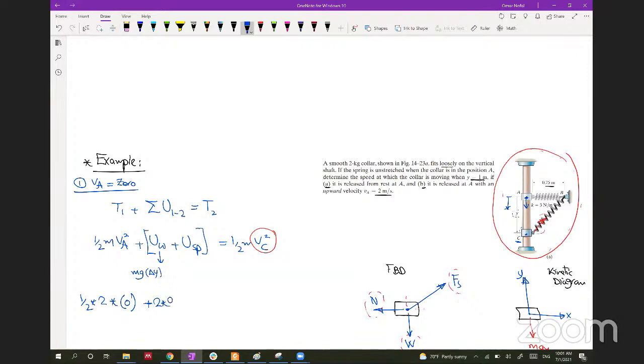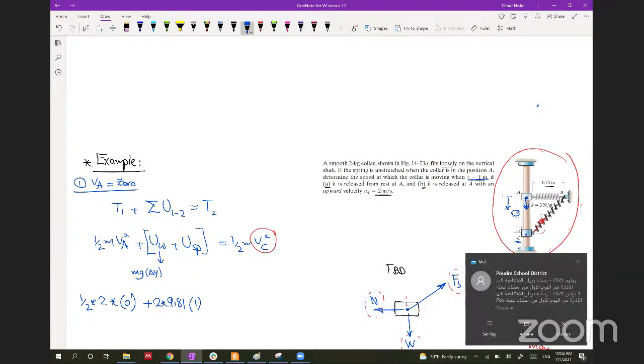So 2 multiplied by 9.81 multiplied by delta y, where delta y is equal to 1, which is given. The work is positive because the weight is going down and the position is also going down, so both are in the same direction. But if in your problem the body is going up and the weight is going down, this is negative work.